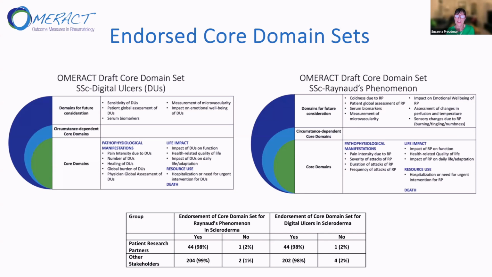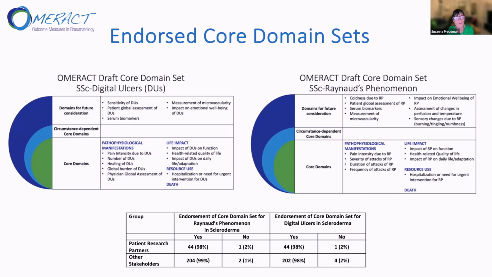In each case, there are domains for future consideration, and they were included here because they were deemed important in the qualitative work or the scoping reviews, maybe by one stakeholder group, but not the other.